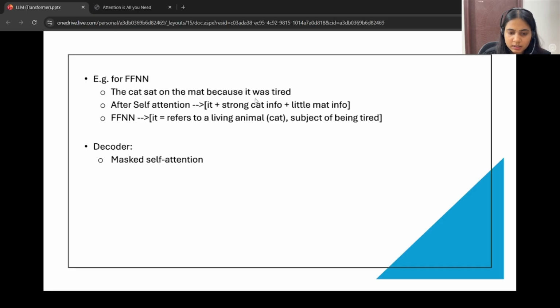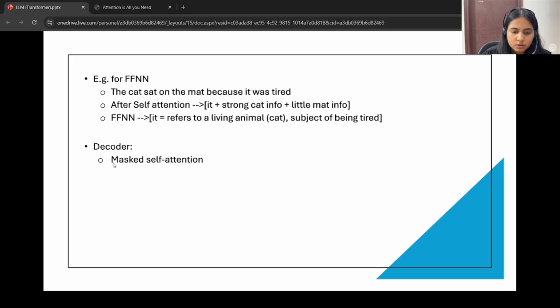The cat information is strong, the main part here, and the mat information is little, maybe not applicable. After that this raw data went to the feed forward neural network, and here it refers that this is a living animal, so it refers to the cat. It's not going to the mat.